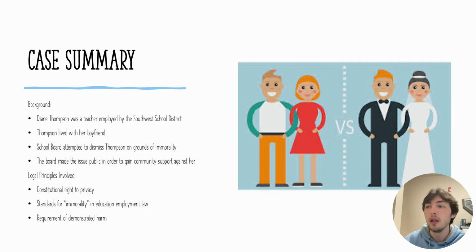So basically, what determines when it's okay for the Board of Education to take disciplinary action on a teacher on grounds of immorality? And then lastly, the requirement of demonstrated harm. Is what they were doing harming students and/or negatively impacting the overall productiveness of the classroom?